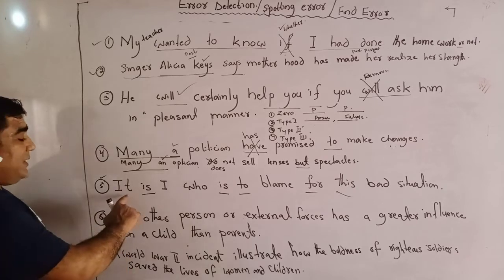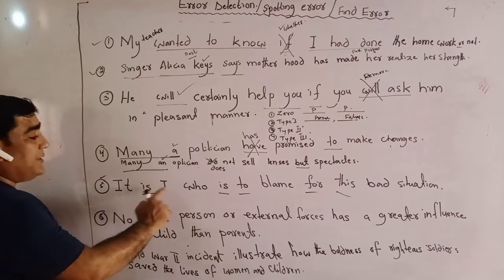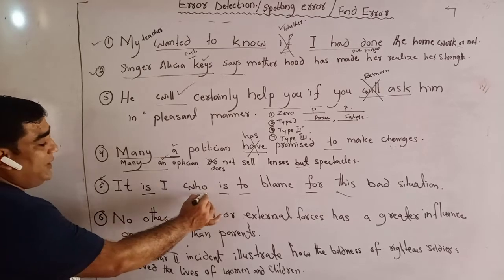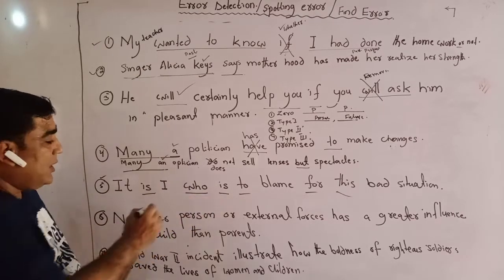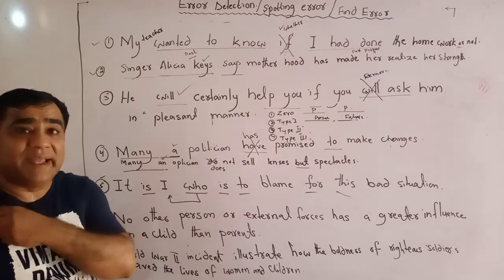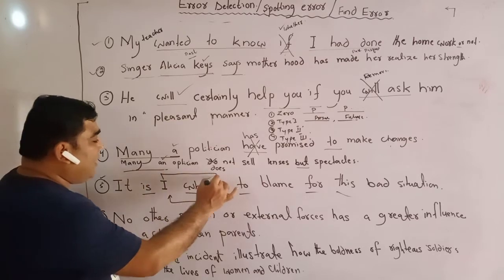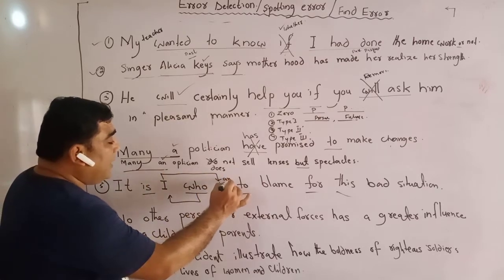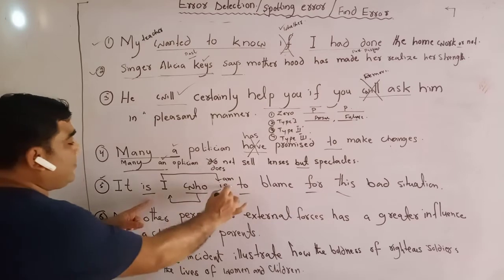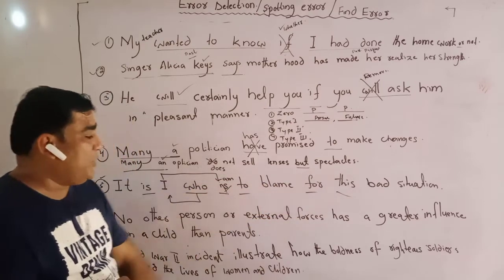See, if it is written "it is he," "it is they," "it is I." When we are using a relative pronoun, we have to see which one is the antecedent. The antecedent is I. Then according to this, we have to put here "am." It is I who am to blame for this situation.